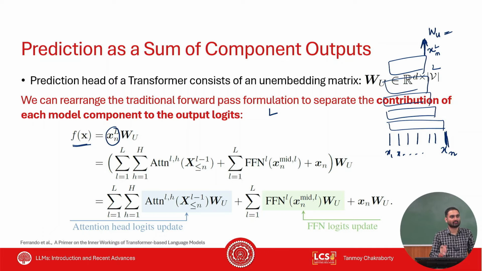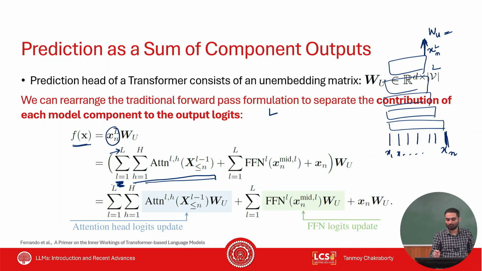Since this is a residual stream view, all the operations that we have done so far are additive, right? So for every layer L, we have done this addition. Each of the H heads has been added, and we did it for L number of layers. These are all additive operations, right? For every layer, we have added H heads, already discussed.